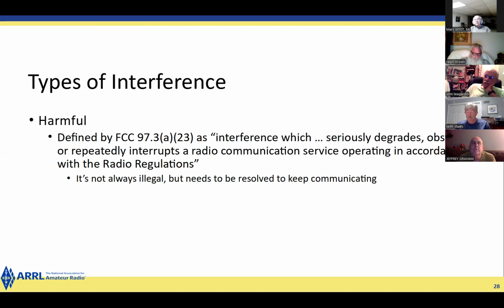Sure. There's all kinds of noise, and you've got to figure out how you're going to get rid of that noise. You've got noise blankers on your radio, and some radios are better at getting rid of it than others. But that's the art.